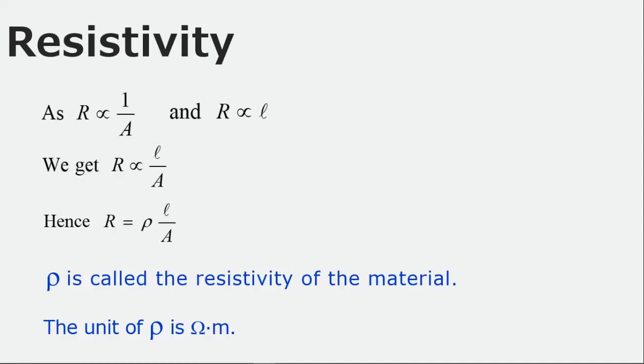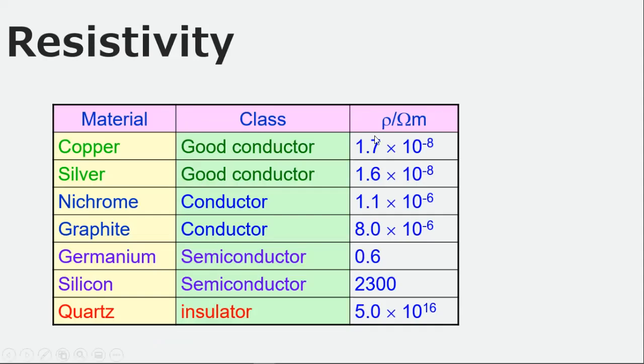Different materials have different resistivity. For example, we have the good conductors. Copper and silver have a resistivity of 1.7 and 1.6 times 10 raised to negative 8 ohm meter, while for conductors, nichrome and graphite have 1.1 and 8 times 10 raised to negative 6 ohm meter of resistivity.